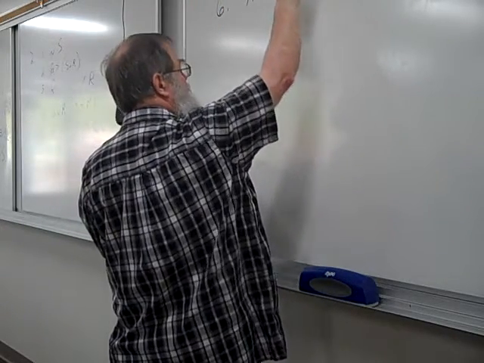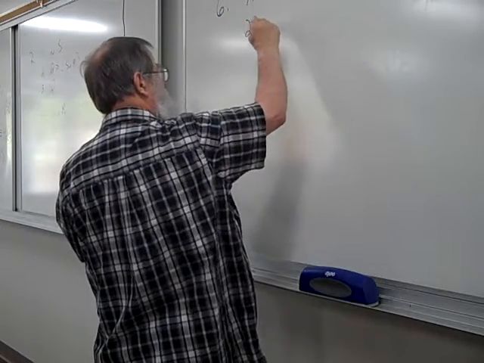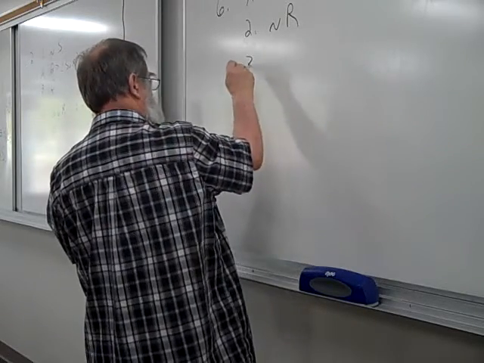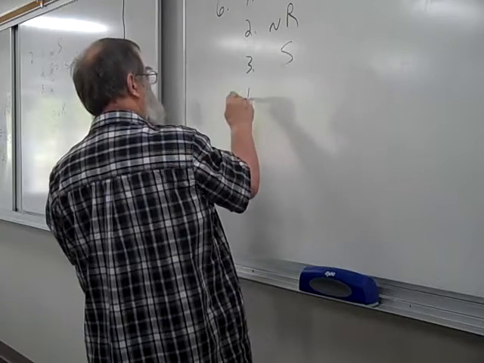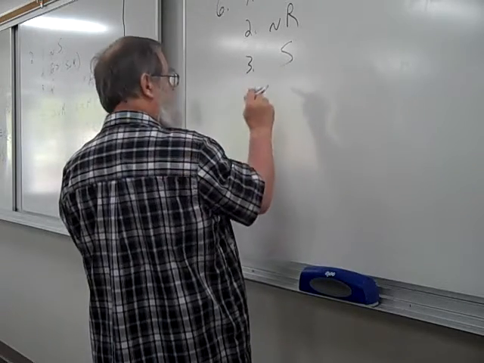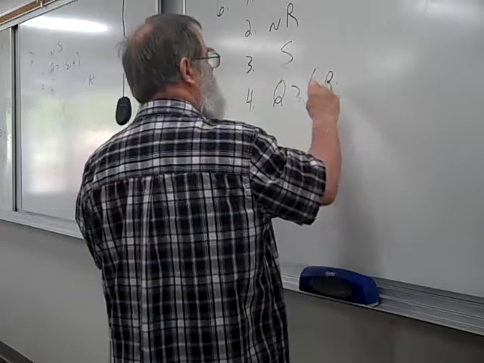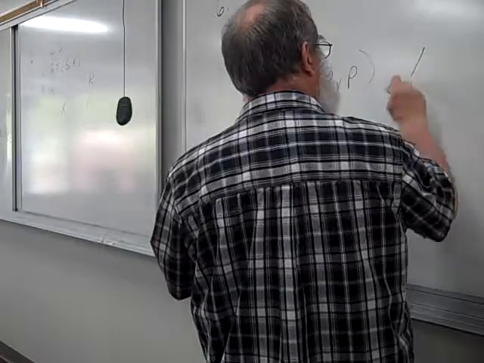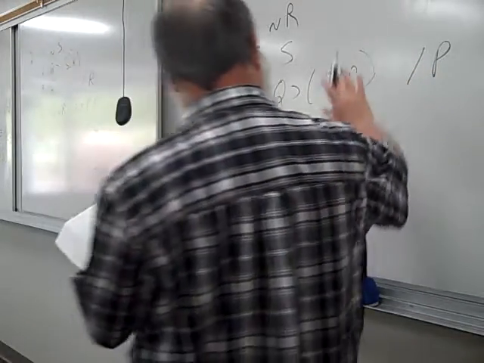So we'll do problem 6 on page 394. If S, then Q. It's not the case that R. It is the case that S. If Q, then R or P. And the conclusion is P. So how do we get P out of this argument?